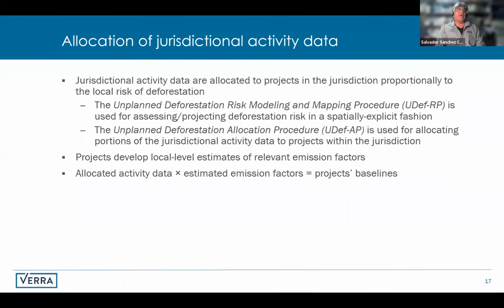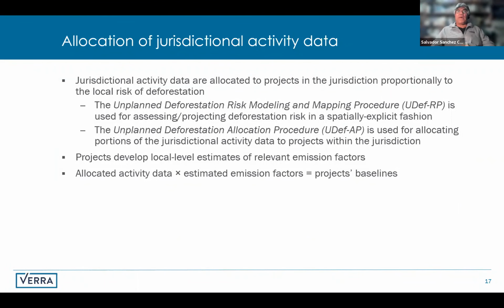In this approach, first jurisdictional activity data are compiled for the entire jurisdiction, and then a fraction or a portion of the jurisdictional activity data are allocated to each of the project areas within the jurisdiction proportionate to the local risk of deforestation. This allocation then involves two complementary procedures.